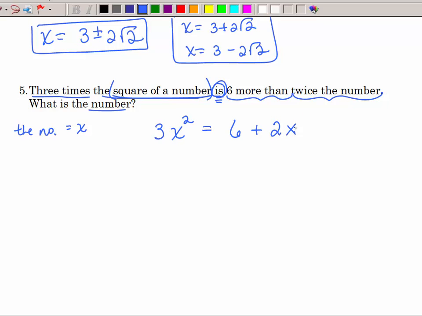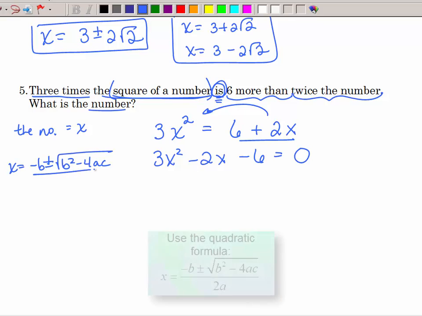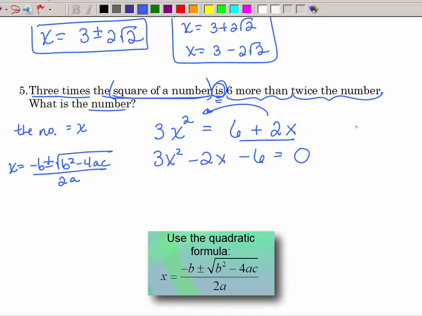So again, that's a quadratic. I'm going to set it equal to 0. I'm going to move both of these to the other side, so that becomes minus 2x and minus 6. And does that factor? I don't think so. So let's use that quadratic formula again, and let's identify our a and our b and our c.